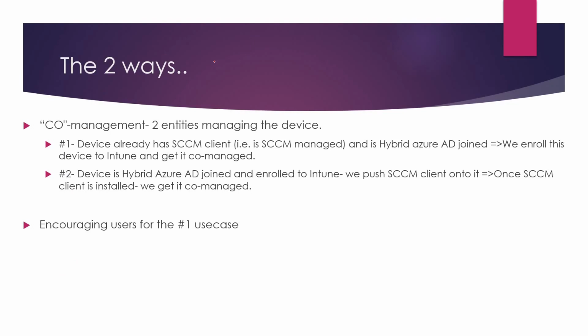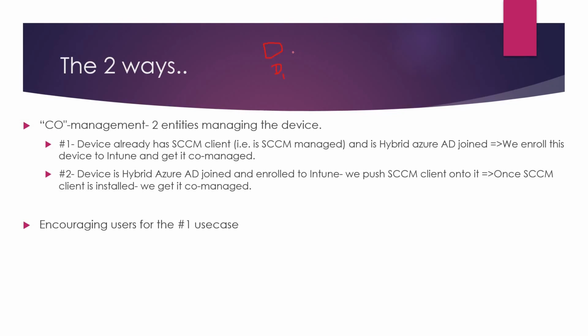So as you guys remember, I said that if a device is co-managed, it means that it's managed via SCCM and Intune at the same point. Okay, so let's just say that this is a fresh device. There are two ways this device can possibly be co-managed. For this device to be co-managed, as I said, it needs to be enrolled to Intune and needs to have an SCCM client.